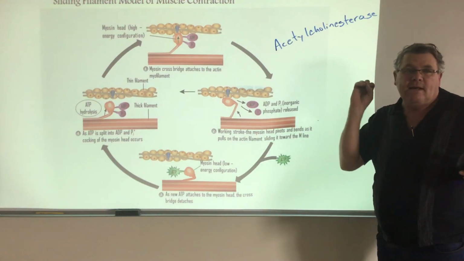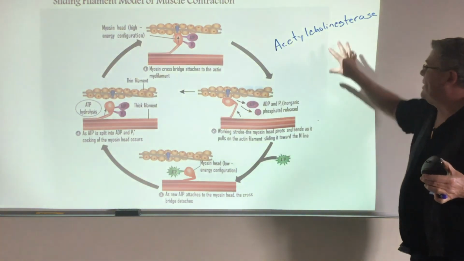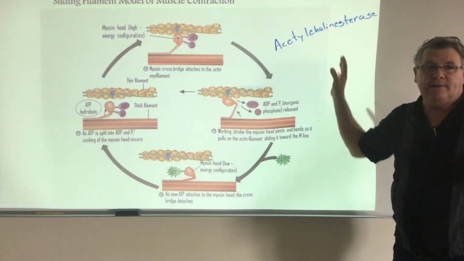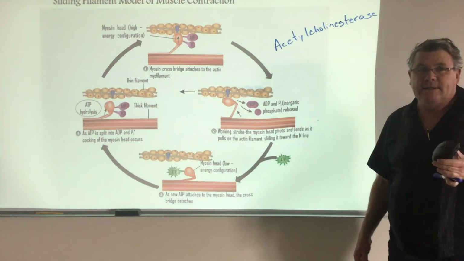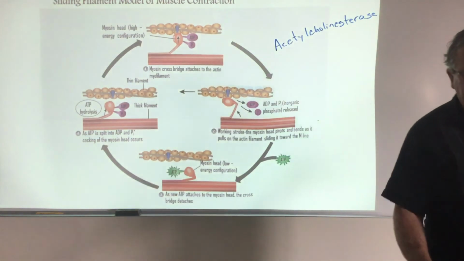So once you quit telling that neuron to kick out acetylcholine, kick it out, kick it out, it's wiped out. And calcium then is immediately pulled back into the sarcoplasmic reticulum. That's how you go through a muscle contraction.